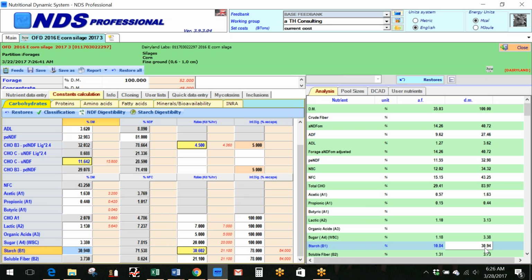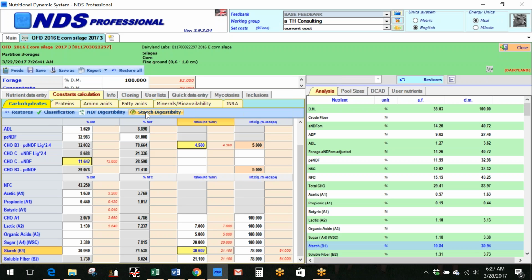So looking at all the data that was available, there are some numbers that appear in red over here. And so these numbers are basically some guidelines that might help you look at the analysis of the starch availability in this corn silage. So I know that this corn silage, being a 35 dry matter, 40, and a 31 starch, is not going to be a 30% 7-hour starch for the KD.